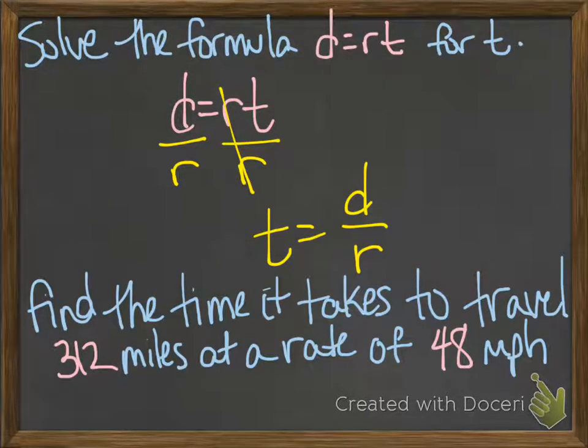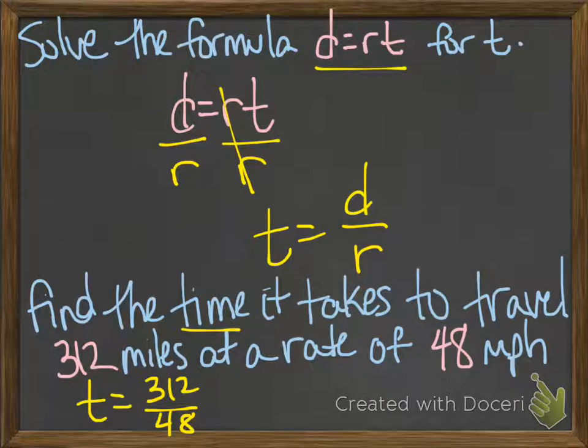Now find the time it takes to travel 312 miles at a rate of 48 miles per hour. So now we could have used this original formula and plugged in what we knew, but now it's asking us for the time, and we already have our formula solved for time. So t equals, our distance is 312 miles, and our rate is 48 miles per hour.